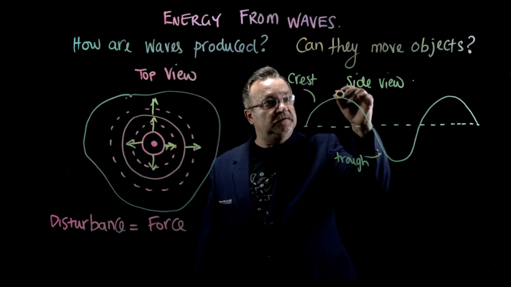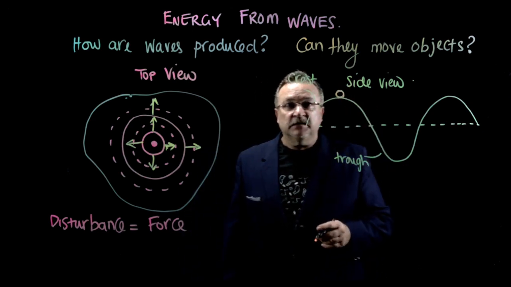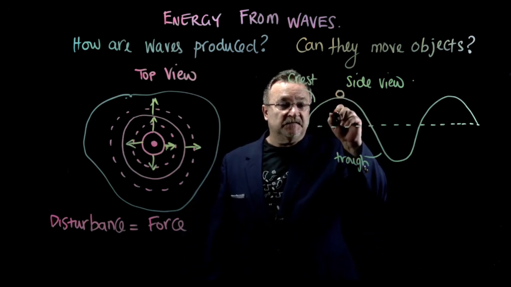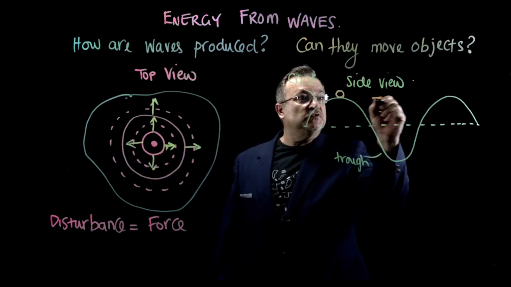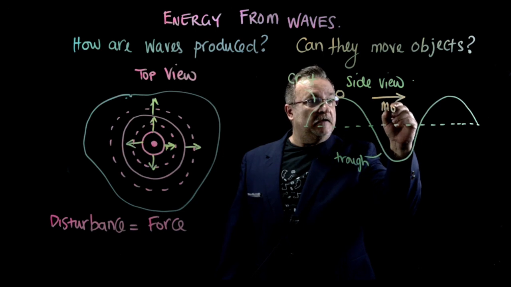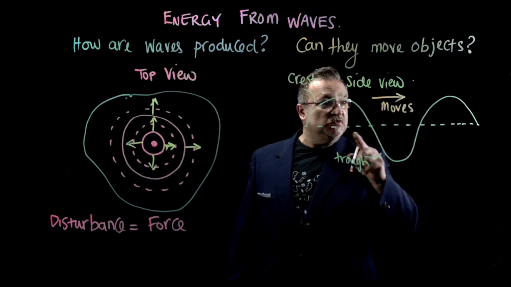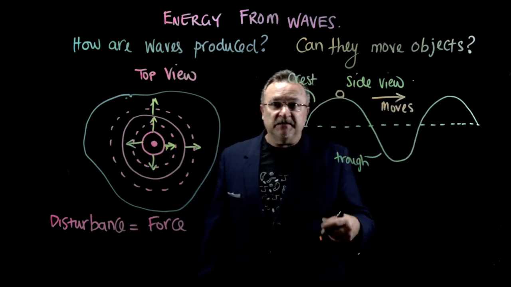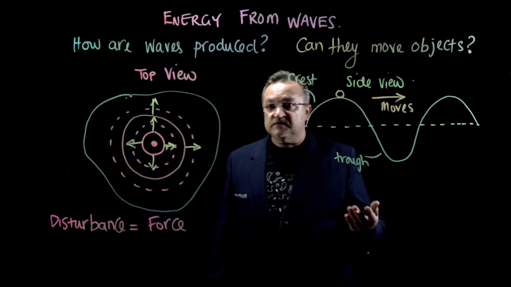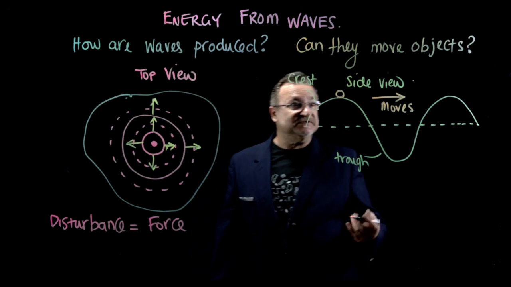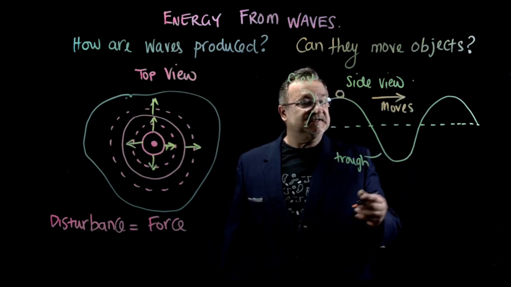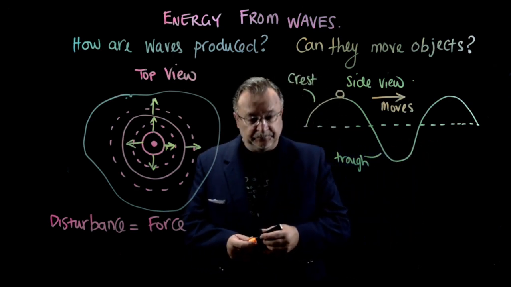It's floating here on top of the wave, and we're going to observe this floating object as the wave moves to the right. Now, because the wave is moving to the right, then we know that this wave has energy. In fact, that's the energy of movement, which we call kinetic energy. So this wave has kinetic energy as it moves to the right.